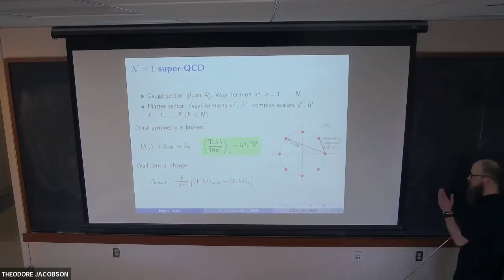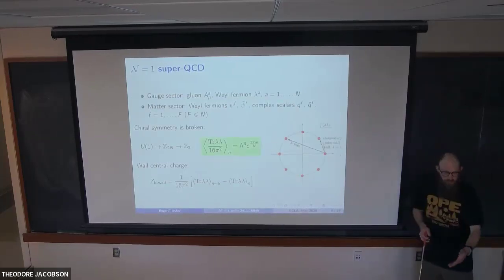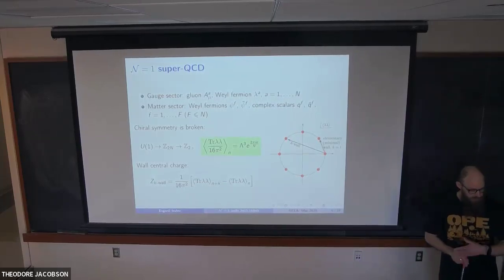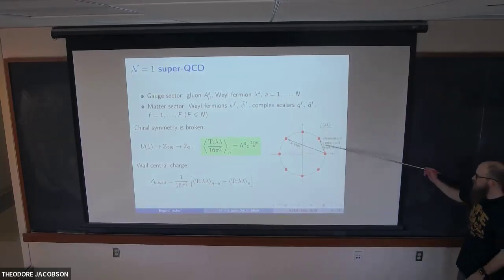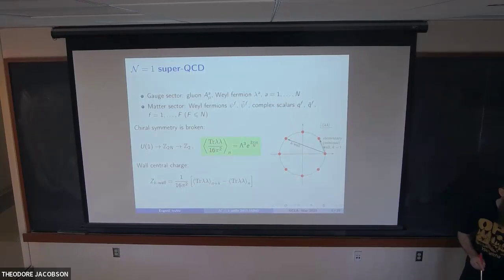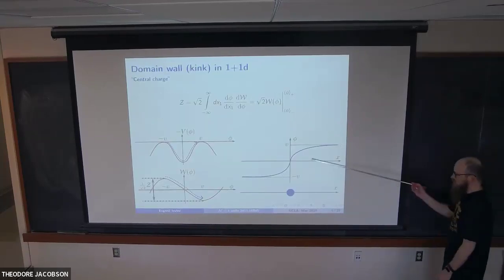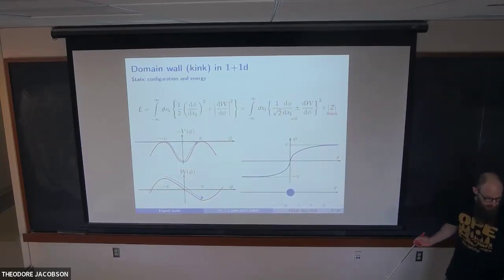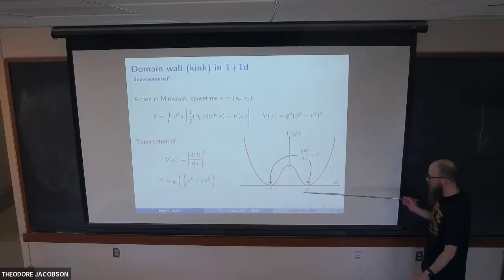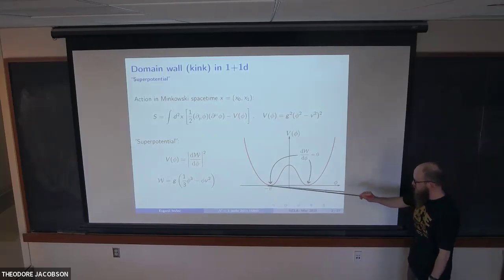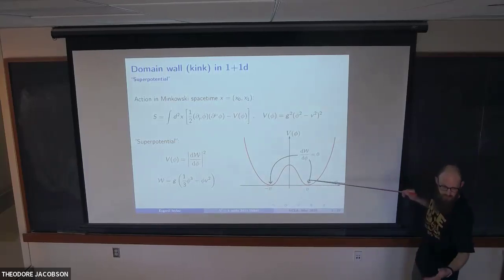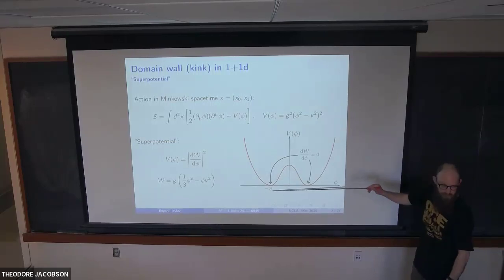Okay, so now if you believe me that you have this many ground states, you can have domain walls interpolating between various vacua. In this simple example, you would imagine that you would have exactly one soliton interpolating from this vacuum to this vacuum, and exactly one anti-soliton which interpolates back.